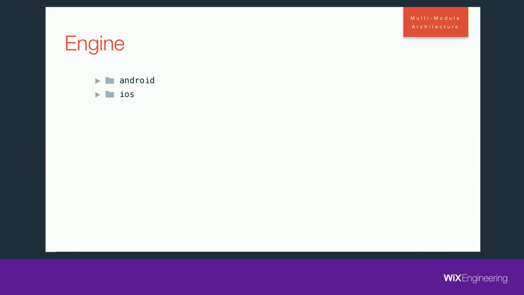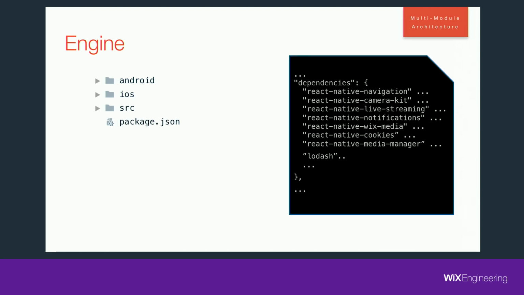Let's go over the three entities. The engine contains, as I said, the native code, and we will have an Android and an iOS library. In addition, it has really, really little JavaScript logic for some business logic.